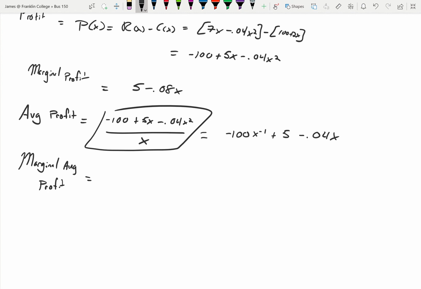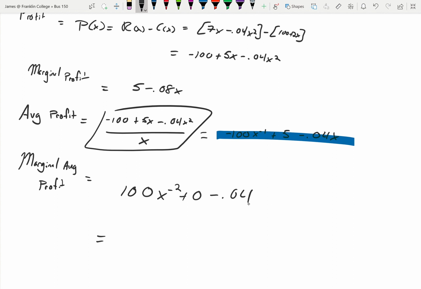And all I did was divide each term by the denominator, so that way we can more easily apply our derivative rule to that. So if that is the average profit function, we can now take the derivative of this to find out the marginal average profit function. And we're just going to get positive 100x to the minus 2 plus 0 minus 0.04. So that will equal 100x to the minus 2 minus 0.04.